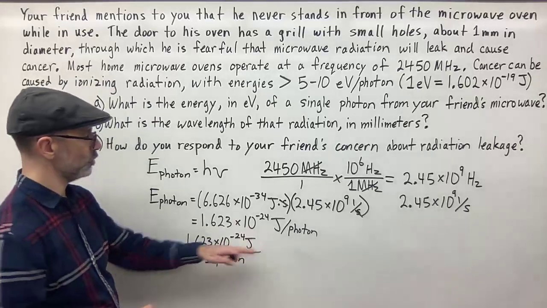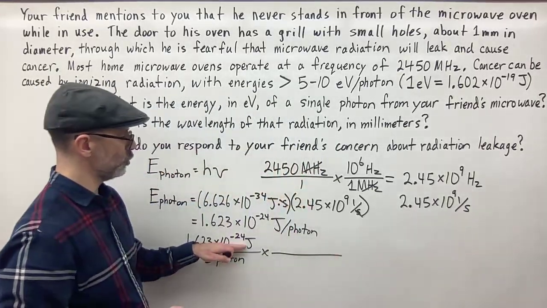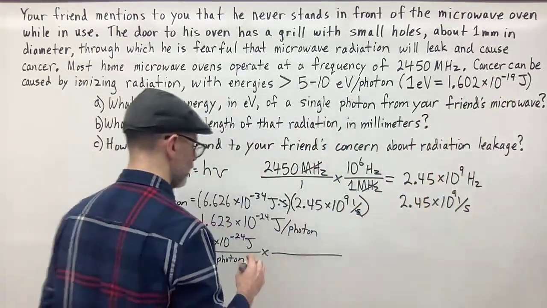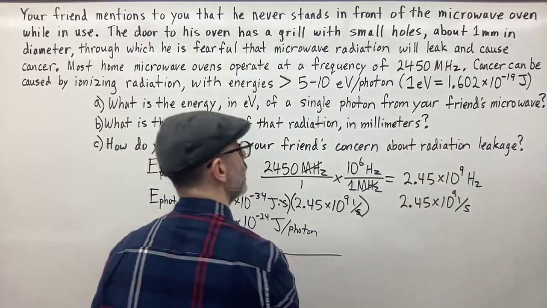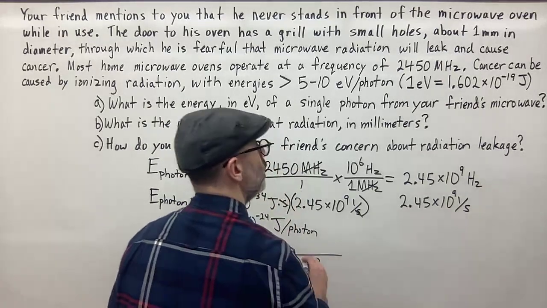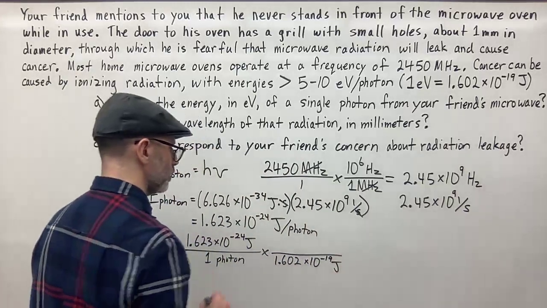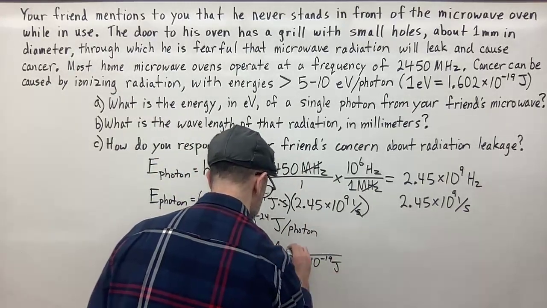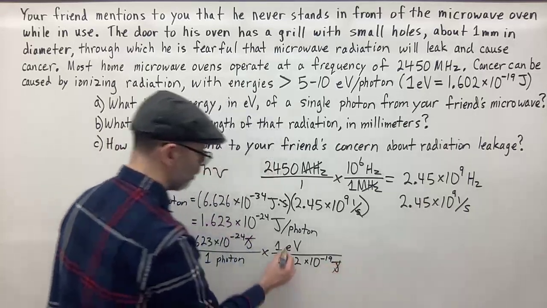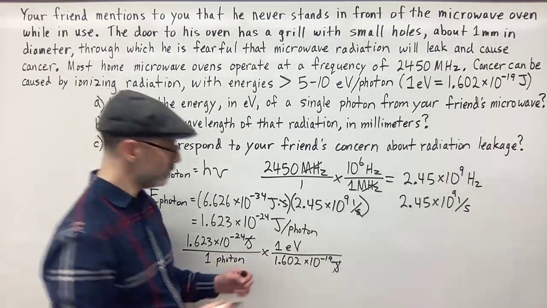Joules is on the top, so we're going to multiply by our conversion factor with joules on the bottom: 1.602 times 10 to the negative 19 joules, and then 1 electron volt on top. So joules cancels out, and I'm going to have electron volts per photon.